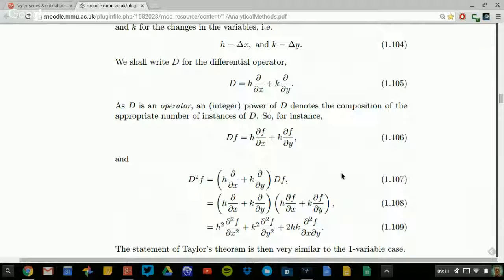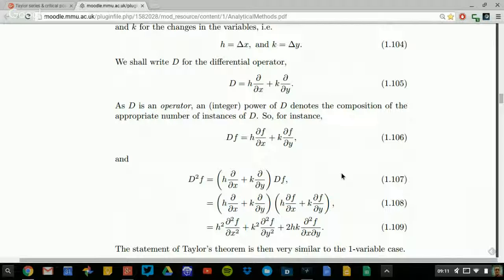Then you can also think of D squared applied to f. Now, if D is an operator, D squared does not refer to D multiplied by D. D squared refers to composing D with itself, taking D of f and then taking D of the result. That's what you get when you apply D squared to f. So D applies to f to give you what we have at the top, h ∂f/∂x plus k ∂f/∂y, and then the operator D applies again to it.